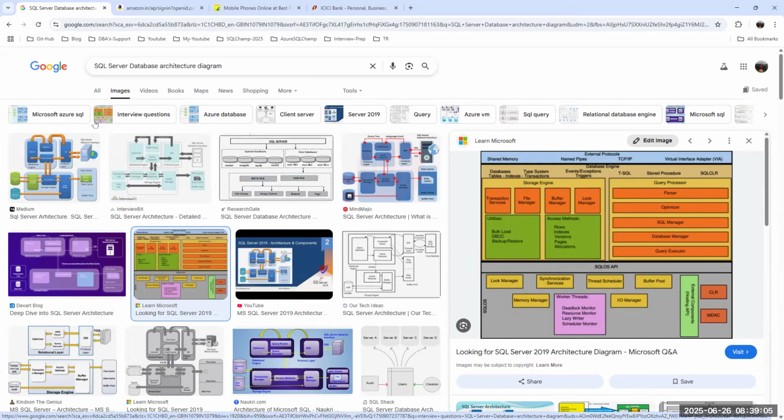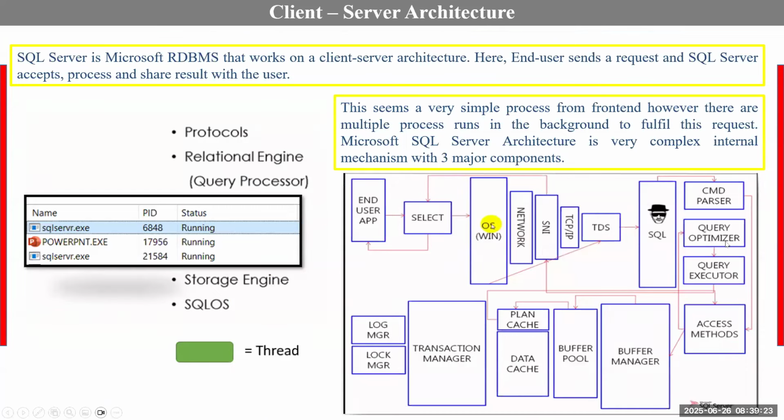Now someone may ask you: I understood, can you please brief about what components are available in the relational engine? You are saying the query is processed; how is my query processed?